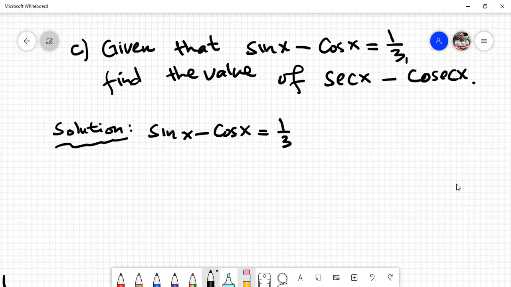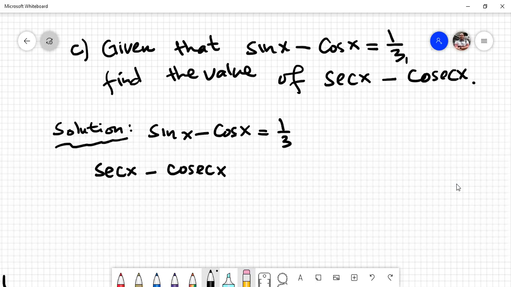Then by using this information, we need to find the value of secant x minus cosecant x.